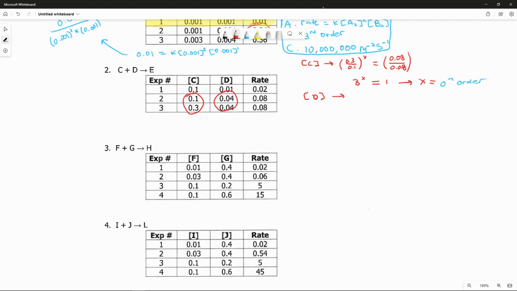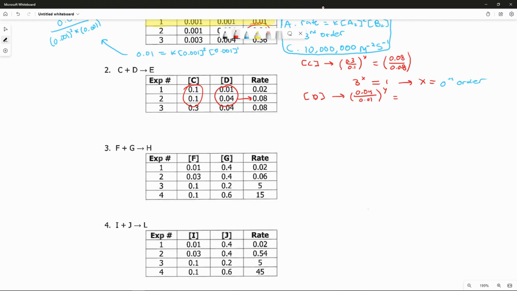All right, so D. Same process. We get the values where D changes, but C remains constant, which is experiments 1 and 2. Always put the higher value on top, 0.04 over 0.01 to the y this time equals the rate.